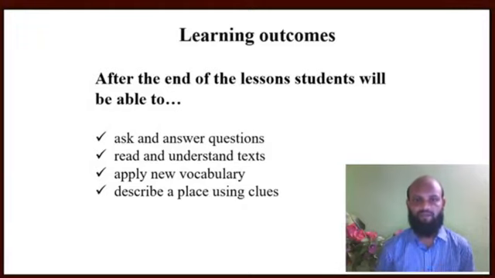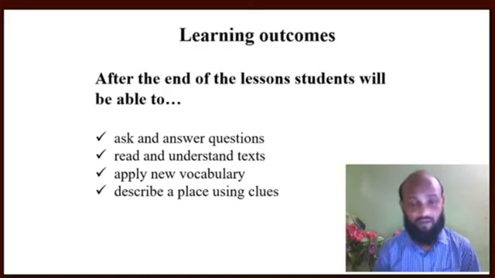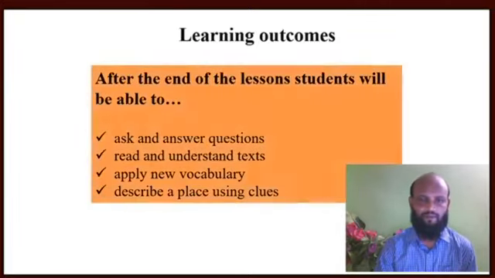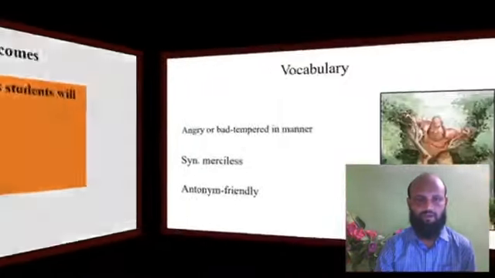After the end of this lesson, you will be able to ask and answer questions, read and understand text, apply new vocabulary, describe a place using clues. These are the specific outcomes of our today's lesson. So my dear students, remember to follow these carefully, so that we can achieve these outcomes.